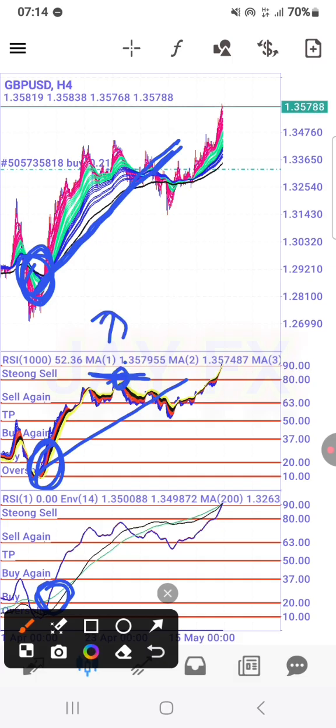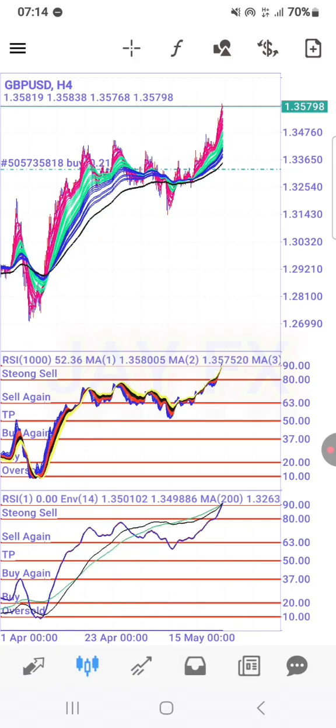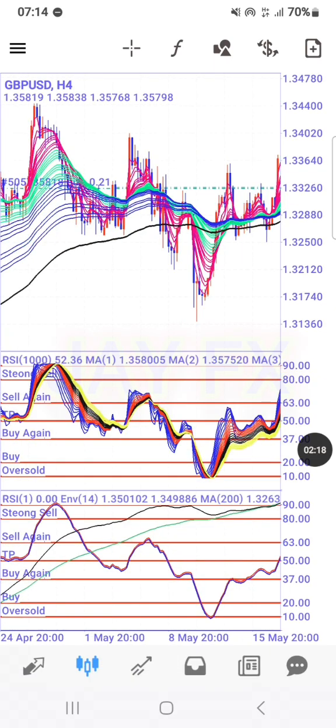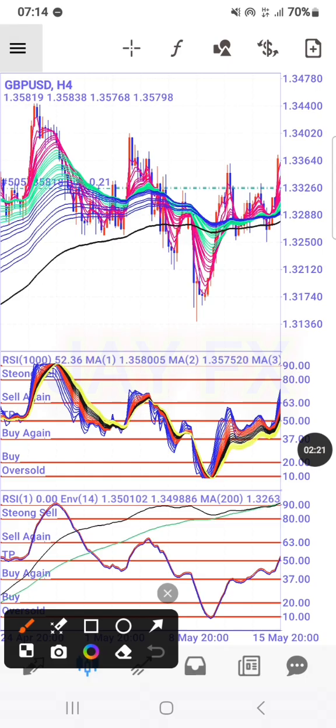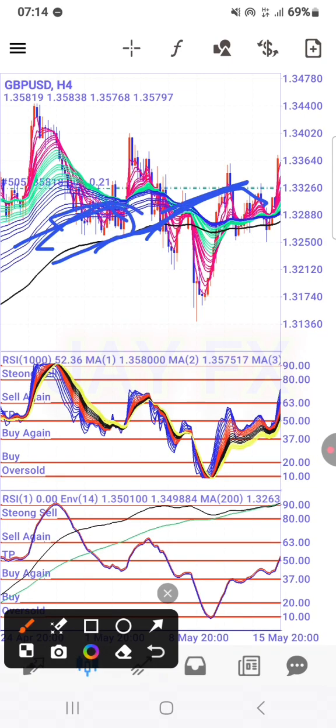Then secondly, I confirm a change of direction once this 200 moving average, this black one, manages to break above the rest of the moving averages, and it wasn't. As you can see, I can zoom in. It was supposed to break above so it can go above the rest of the moving averages, but it was still below the rest of the moving averages.